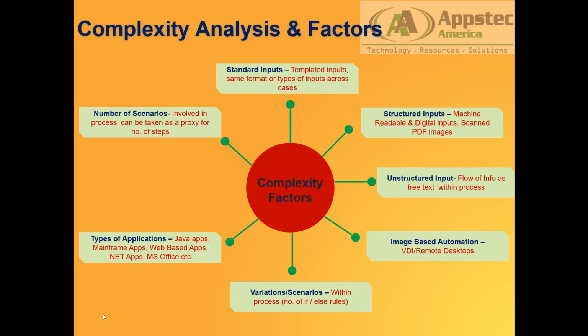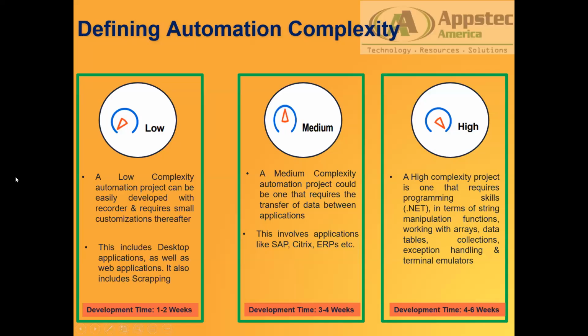All right. Then, as I said, definition of automation complexity can be of three types: low, medium, and high. Now, what is low complexity? A project that can be easily developed with not much technical expertise. Let's say I can record certain steps using my RPA tool, and I need very little customization, whether it's a desktop based application or data scraping.